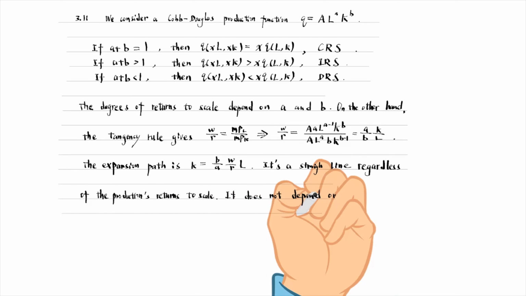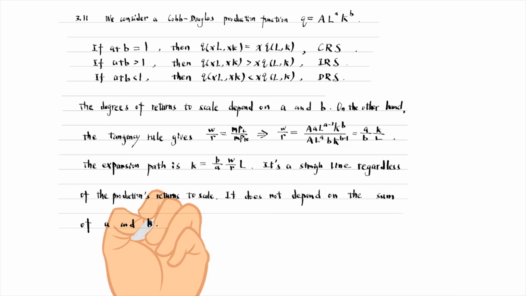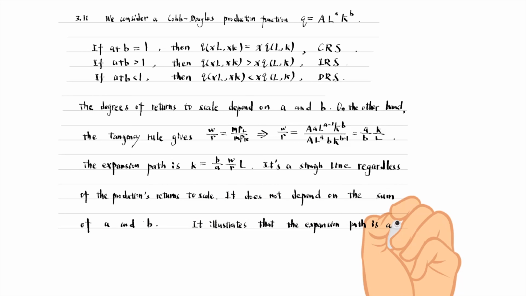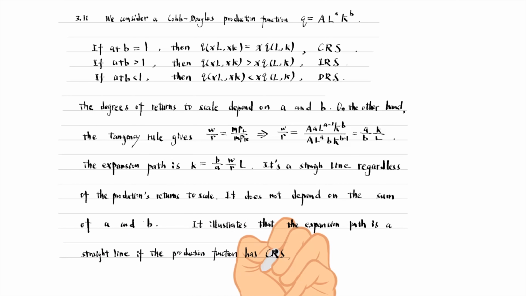It does not depend on the sum of the parameters A and B. This example illustrates that the expansion path is a straight line if the production function has constant returns to scale, but it is still a straight line for increasing or decreasing returns to scale.